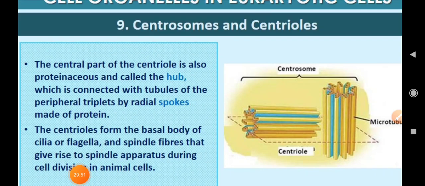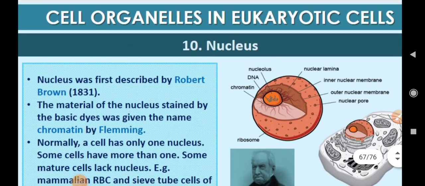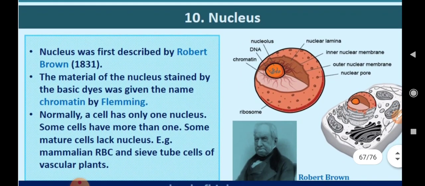Okay, now moving on to the next. We have got the most important part of the cell, which is known as the nucleus, which helps in controlling and coordinating various functions which take place in the cell.